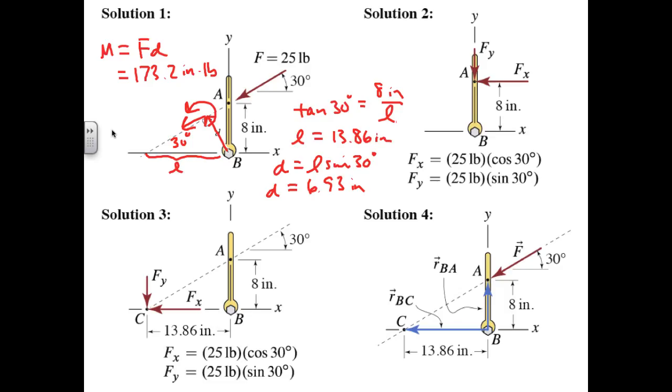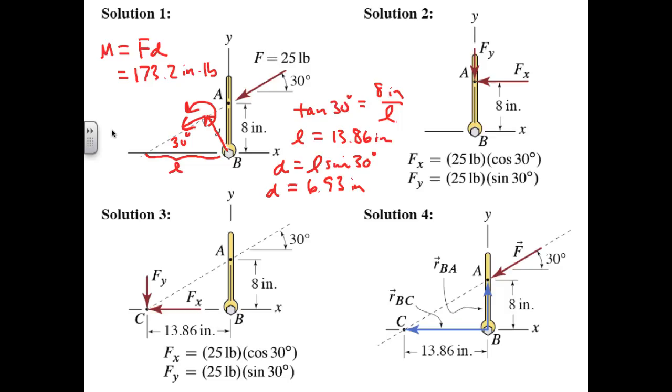The second scalar solution in the upper right corner begins by immediately decomposing force F into its scalar components. Note this is represented head to head so that the lines of action of the components intersect the original line of action. The Fy component has no moment arm and contributes no moment about B. The moment arm of Fx is just 8 inches.